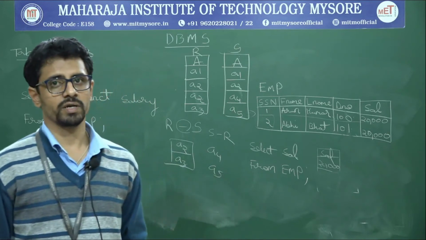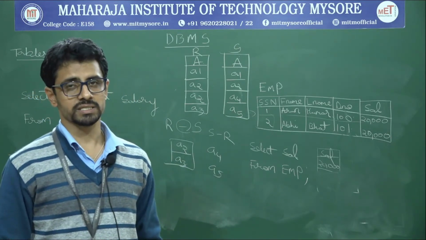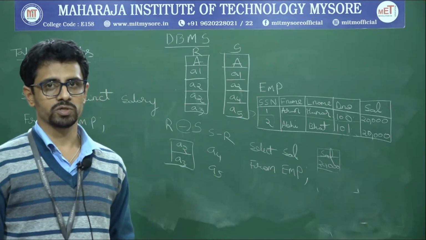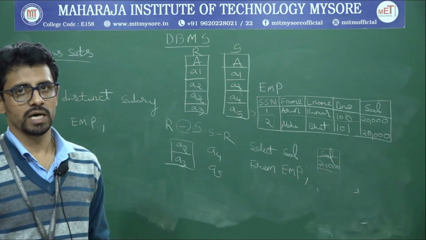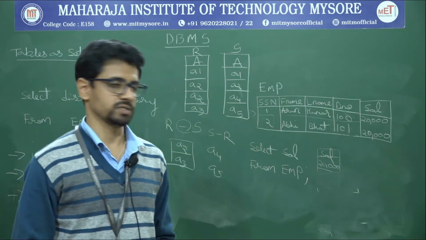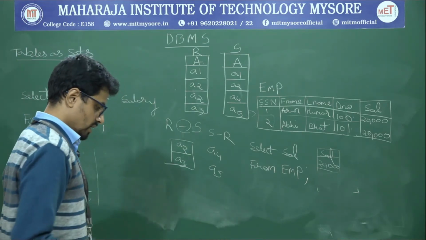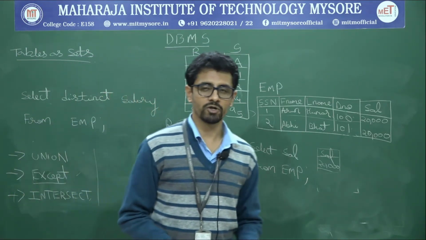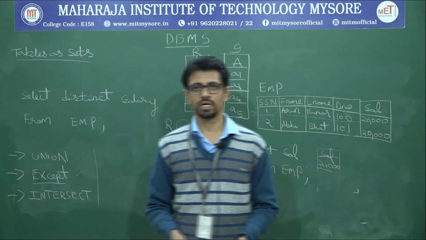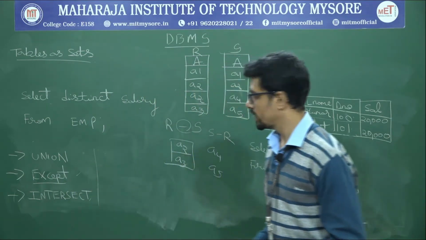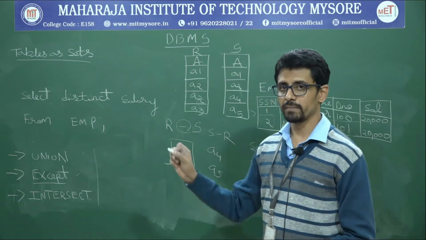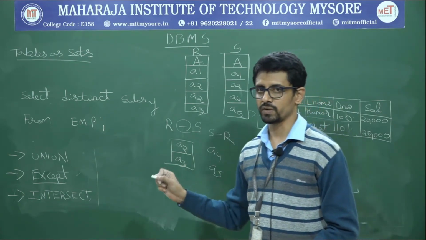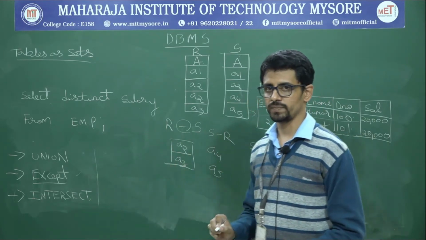Whatever is left out after removing whatever is present in S, whatever is common in both R and S, will be taken from the left hand side as the output of R minus S, R except S. These are the set operations which can be used while querying the database: union, except as well as intersect. We'll come across that with some more examples as and when required. So this is the basic operation of it.